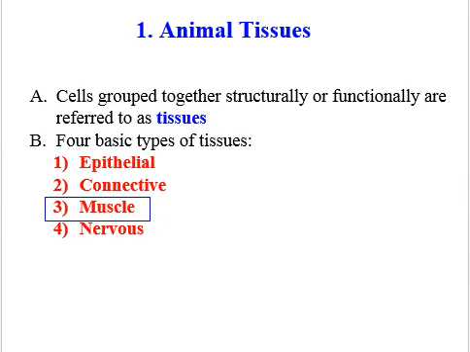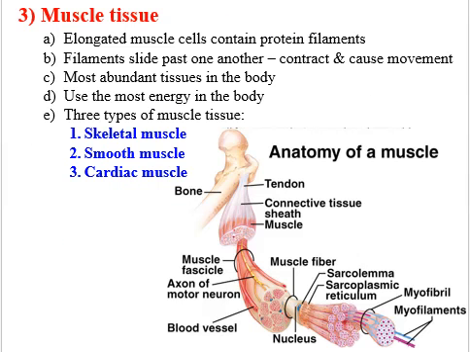All right, then muscle tissue, we're not going to spend a whole lot of time on, but it's obviously very important for movement and survival in a lot of different organisms. There's different types of muscle tissue, but these cells in the muscle tissue have certain characteristics.